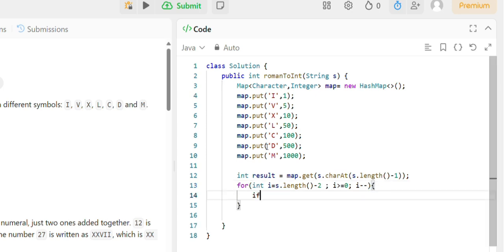Inside this I need to check the condition. If the number is less than the next one, we are going to subtract; if it is greater, we are going to add.